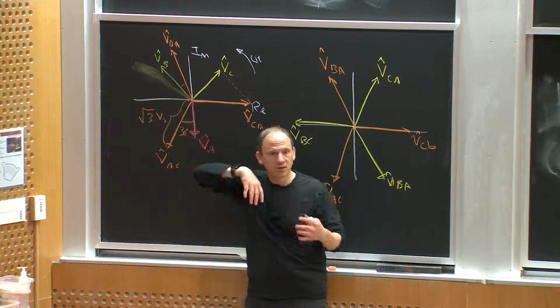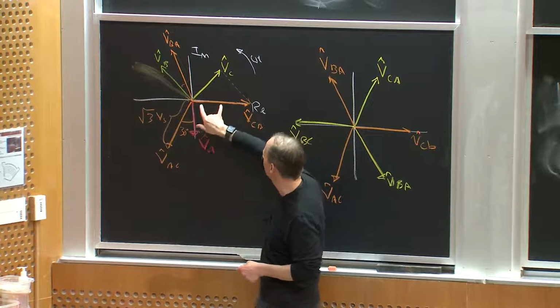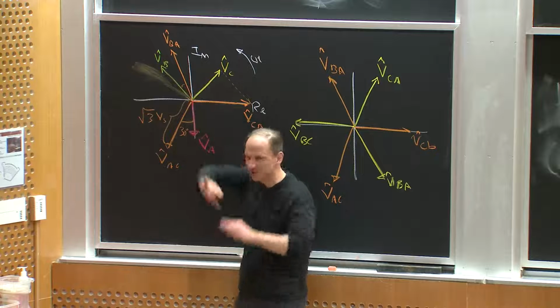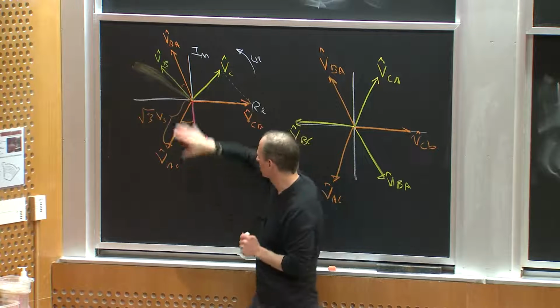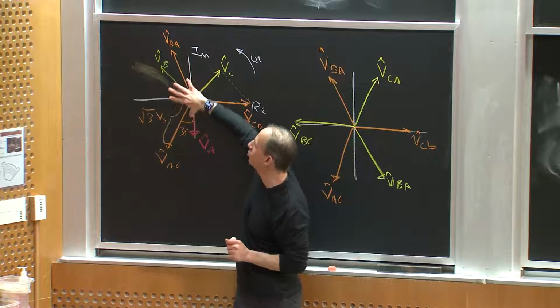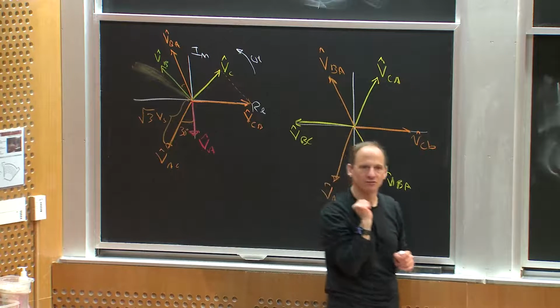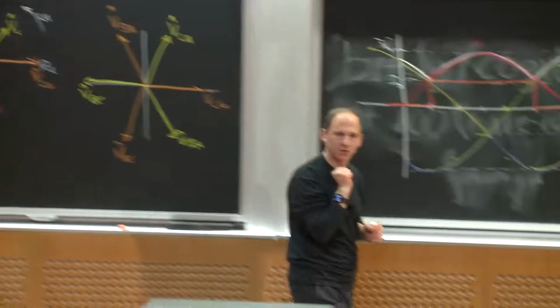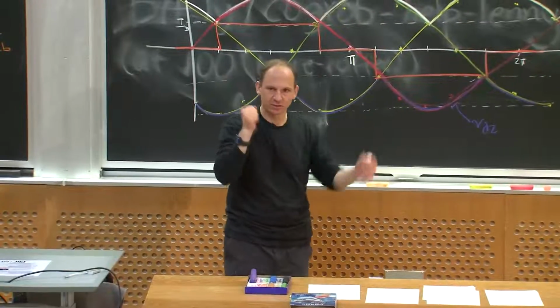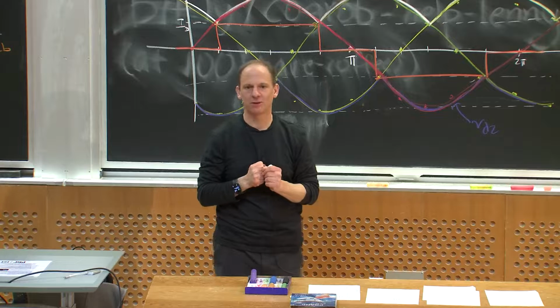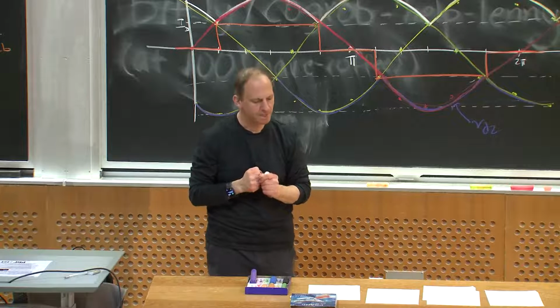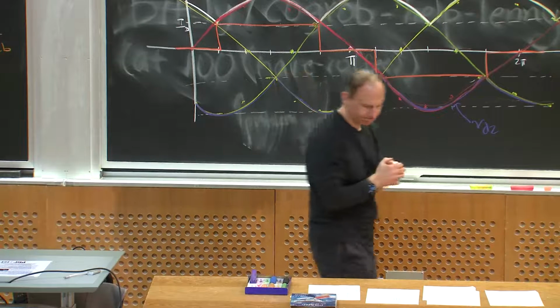I can build a transformer set that grabs pieces of VA, VB, and VC and adds them up symmetrically to generate a new set of waveforms with an arbitrary phase shift. Because I have these three phases, I can get new three-phase sets that also add to zero with this arbitrary phase shift. How would we use that?